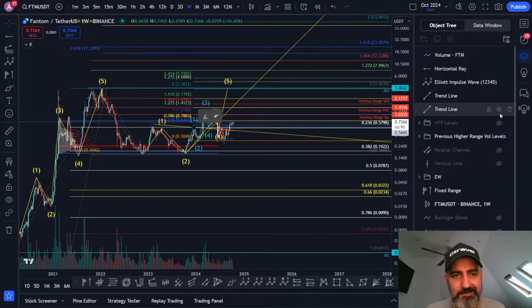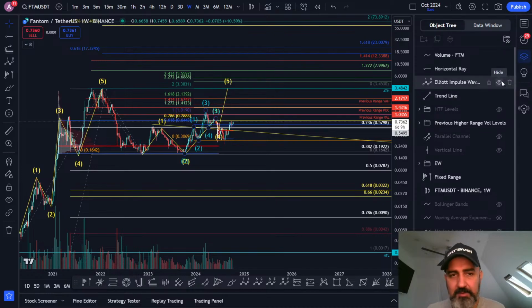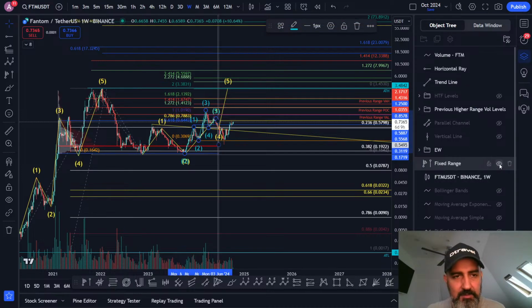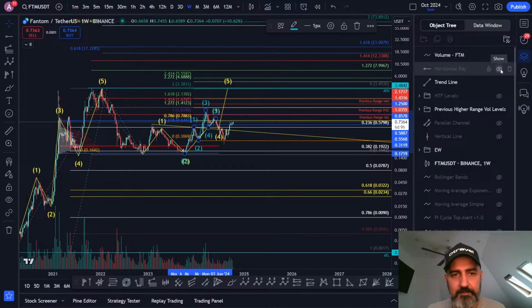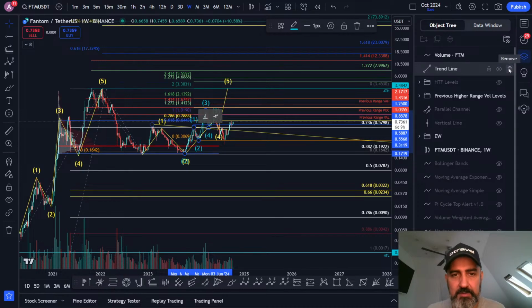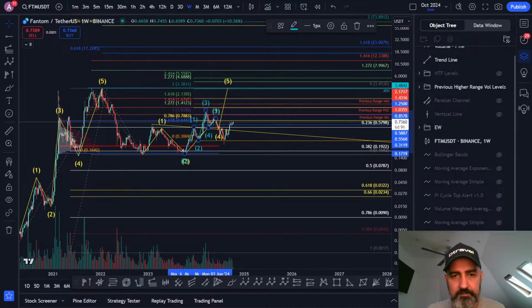Oh, trend lines. What are these? All right, let me keep that one. Get rid of that one. What's this one? Yeah, that's fine. I like our Elliott waves. Oops, I'll just get rid of that. Get rid of these. All-time low, all-time high.